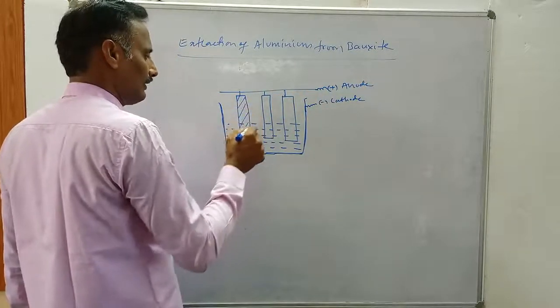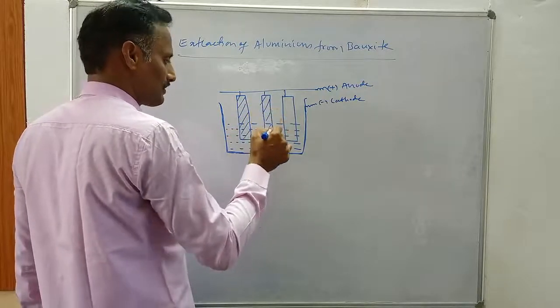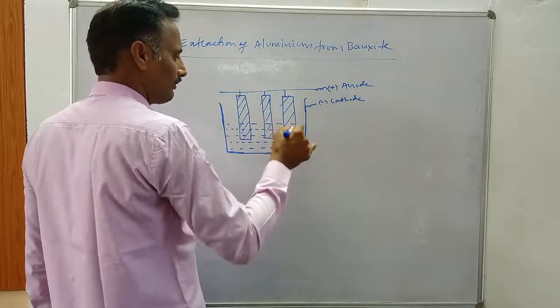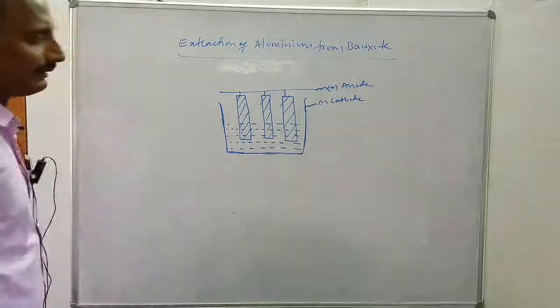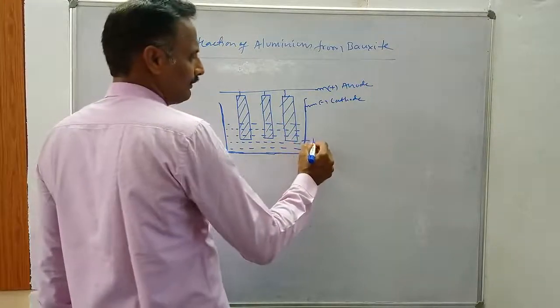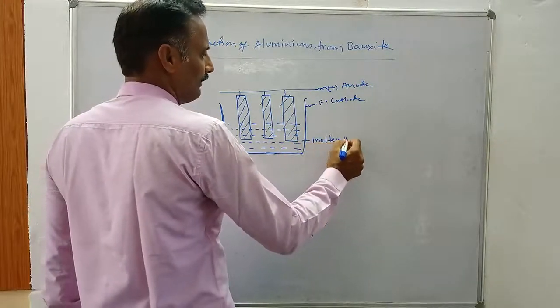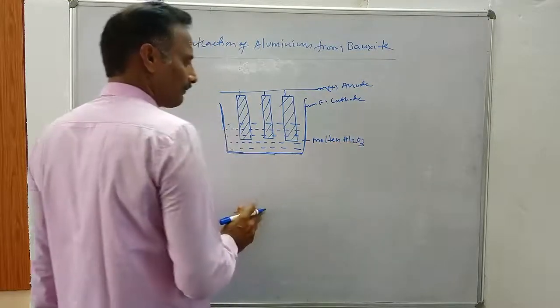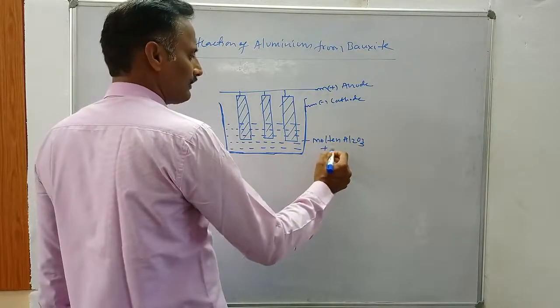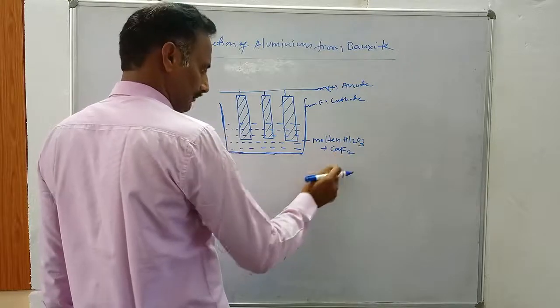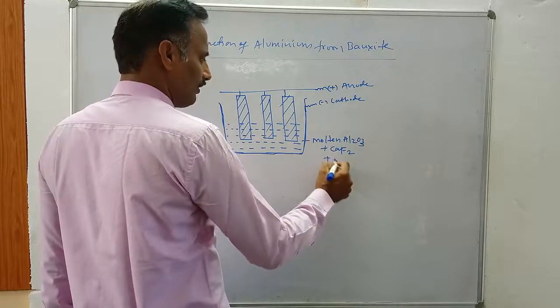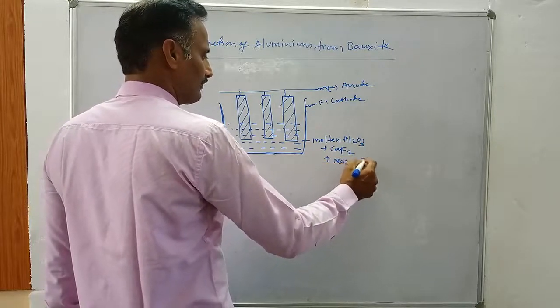This is an electrochemical cell consisting of two electrodes, one is anode, the other one is cathode. Along with molten Al2O3, it is mixed with some compounds like CaF2, and also Na3AlF6.